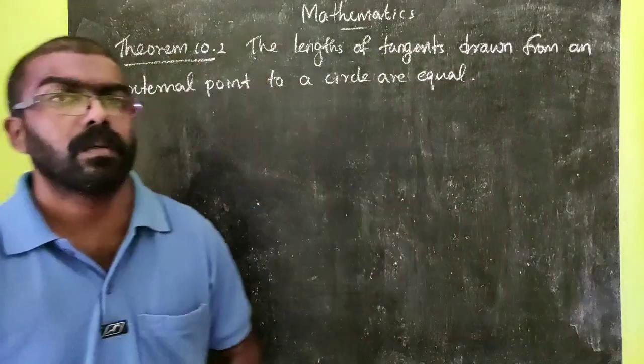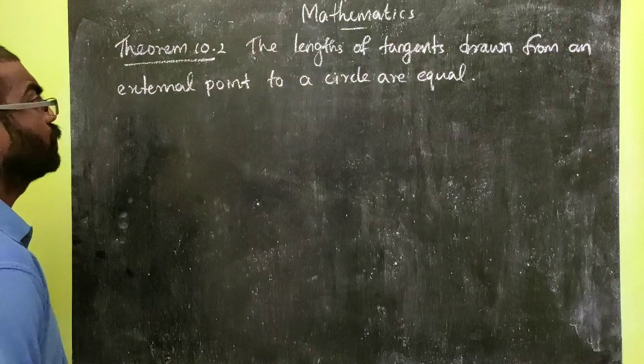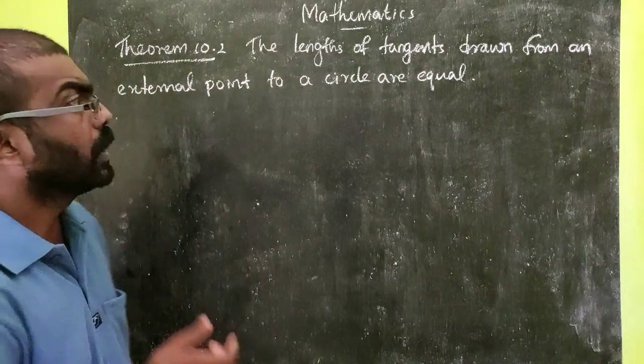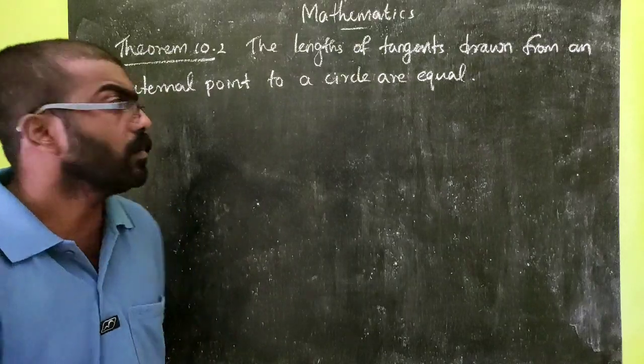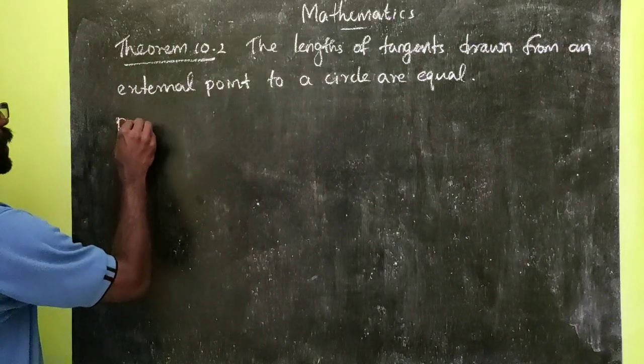Now we move on to the next theorem. It's an important theorem. Theorem 10.2. The lengths of tangents drawn from an external point to a circle are equal. We can prove this theorem.